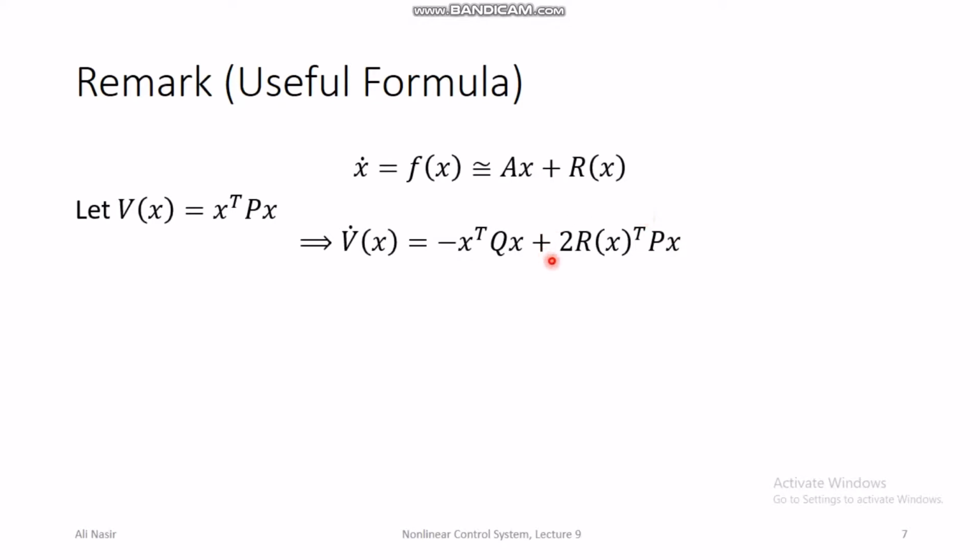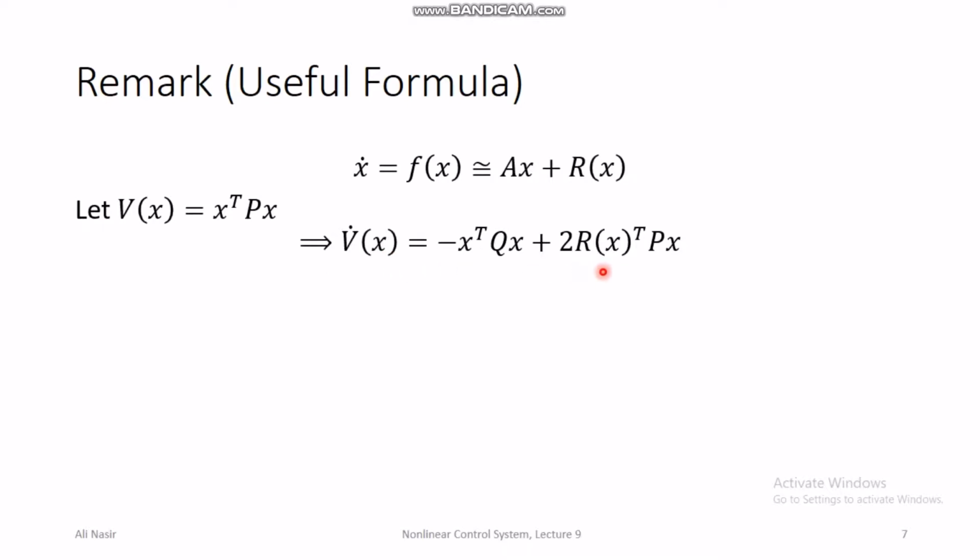Now without this term, V dot is negative definite, and we are all happy. But with this term we have a problem. We have a problem only when this term exceeds in magnitude this term. So if this term exceeds in magnitude, then V dot may not be negative definite, and we may not be able to prove any kind of stability or asymptotic stability.